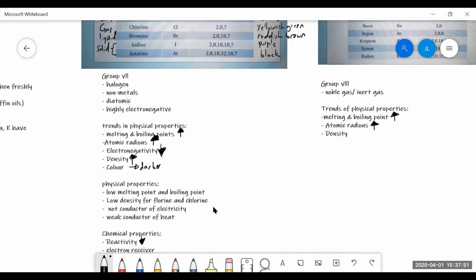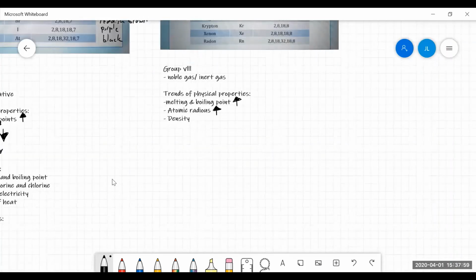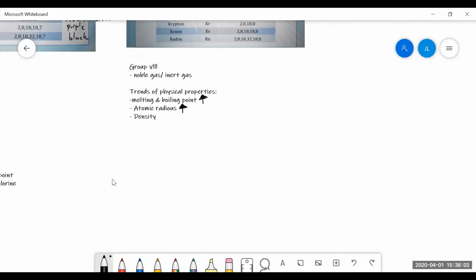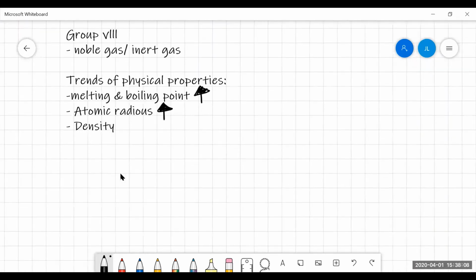Atomic radius increases for group 1, because you are adding another layer of electron shell, so the radius will increase. Okay, how about density?